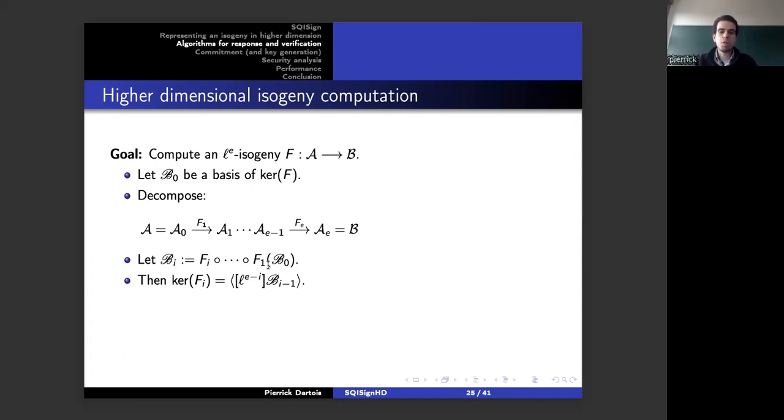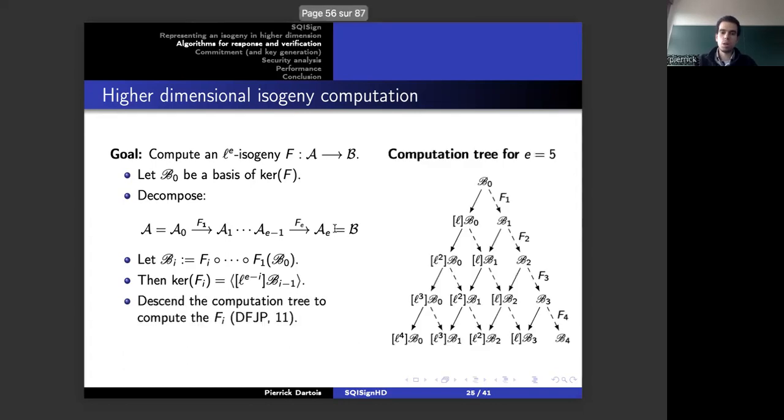And we have a simple formula for the kernel of any of those elements on the chain. This is very convenient because we can apply well-known techniques in dimension 1 to compute those isogeny chains when only the kernel of the whole isogeny is given.